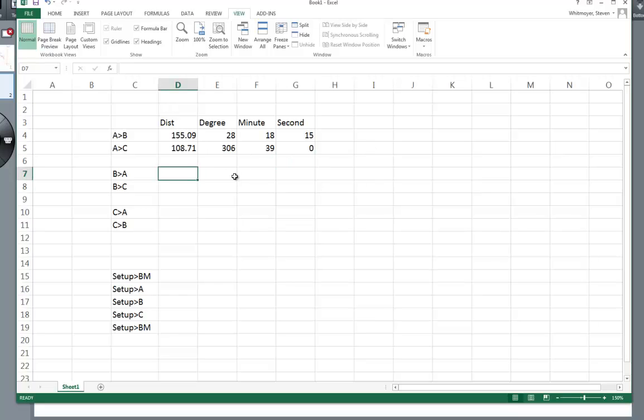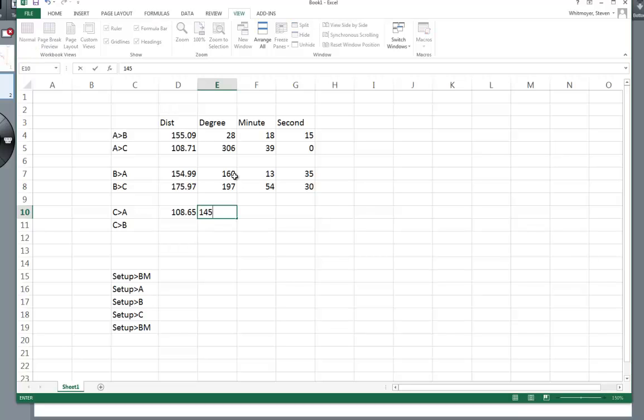And so for their B to A was 154.99 at 160.13.35. And we have 175.97 at an angle of 197.54.30. C to A was 108.65.